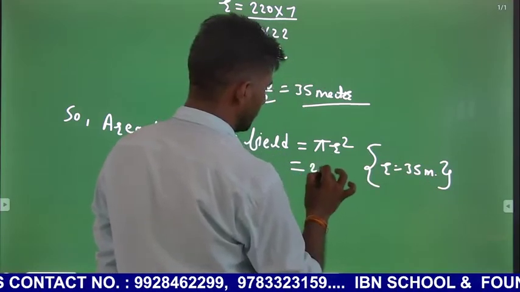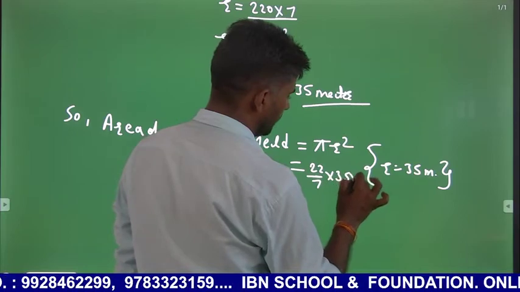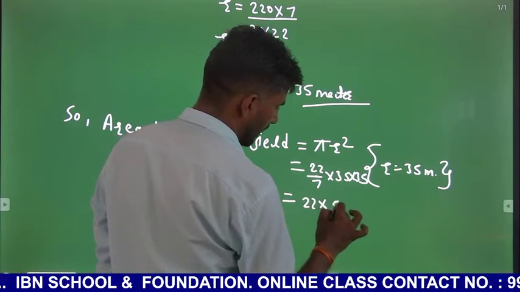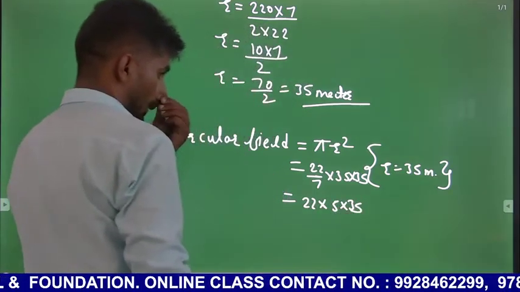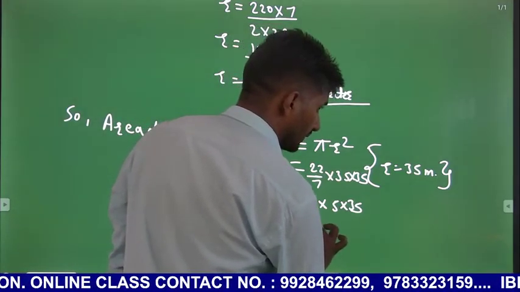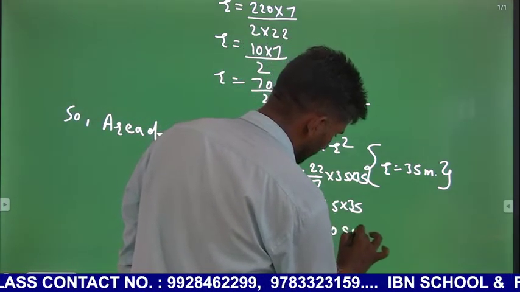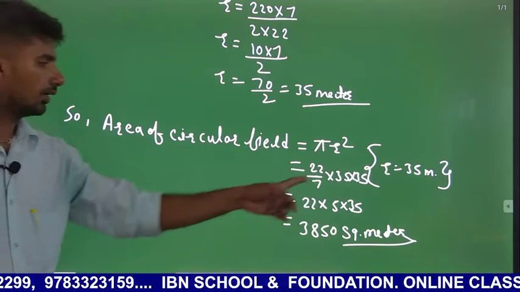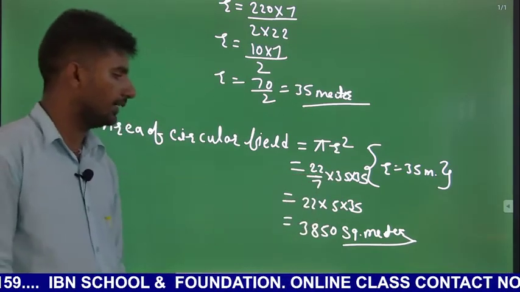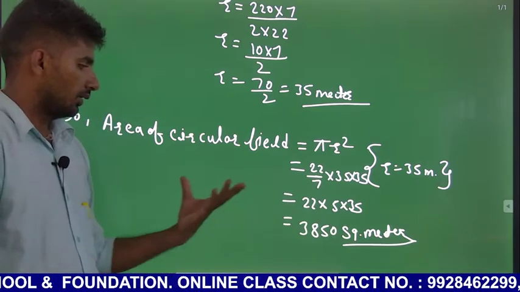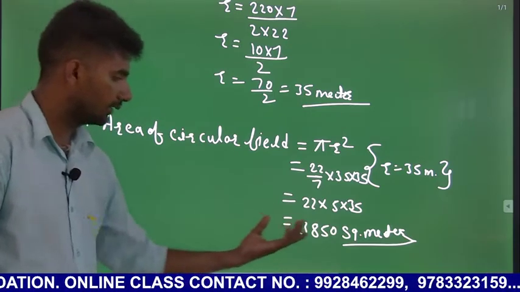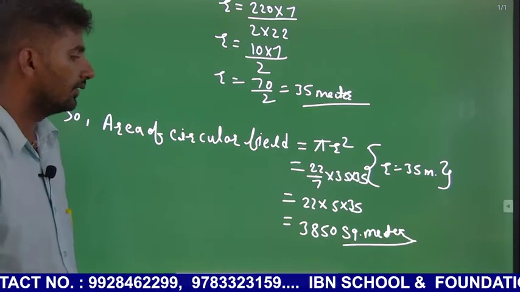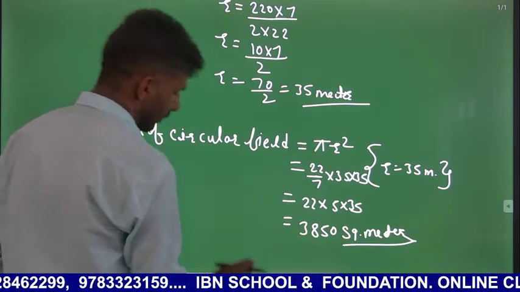So put the value here: 22 upon 7 multiply 35 multiply 35, and this is 22 multiply 5 multiply 35, and this is 3850 square meter.